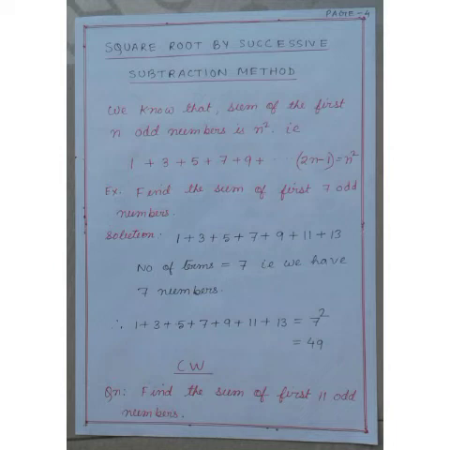Let us take an example, and I think you will understand from this. Find the sum of the first 7 odd numbers. The first 7 odd numbers are 1, 3, 5, 7, 9, 11 and 13. If we add these numbers, we get 49.